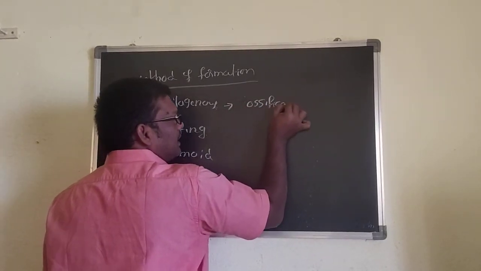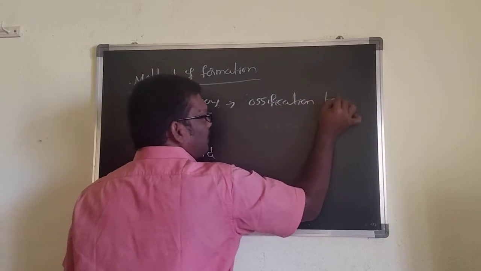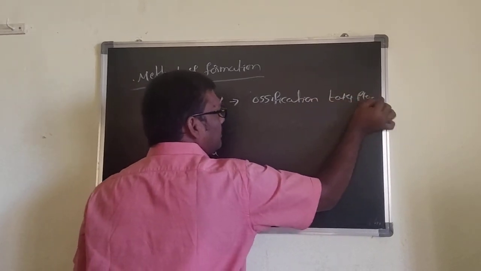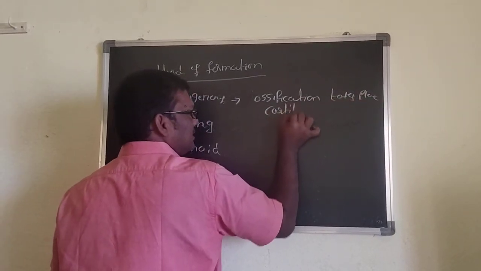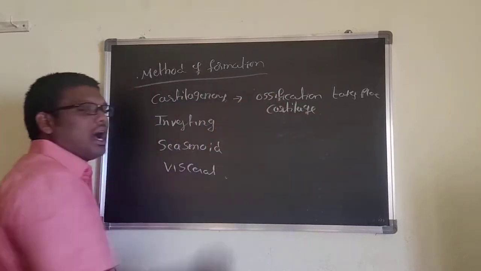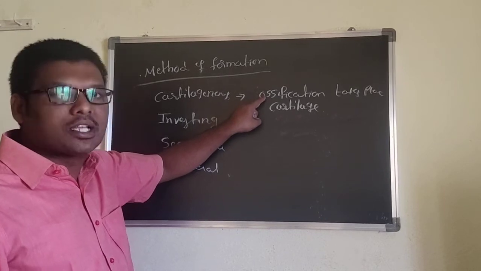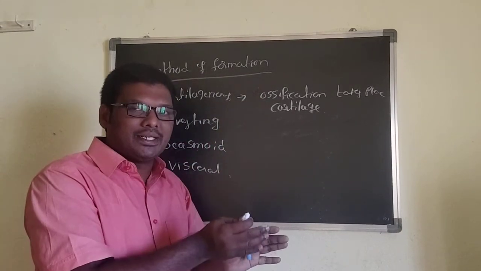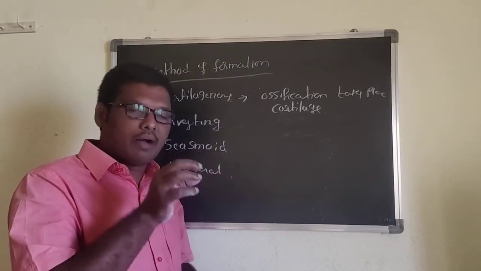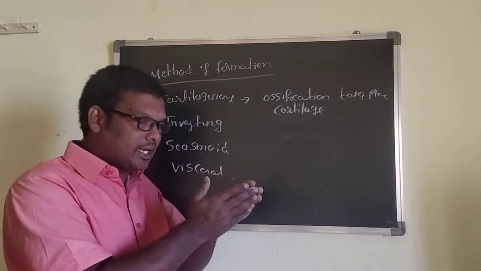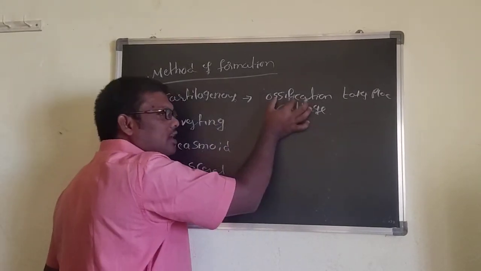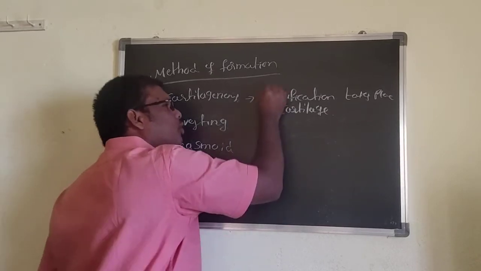Ossification takes place on cartilage. What is ossification? The process of formation of bone is called ossification. First, in the embryo the endoskeleton is made up of cartilage. Now this cartilage is ossified and turns to bone.